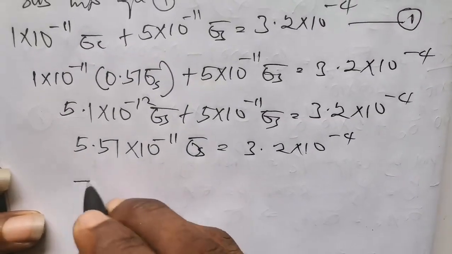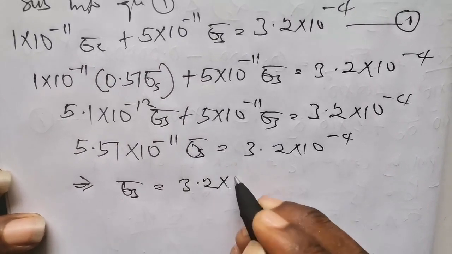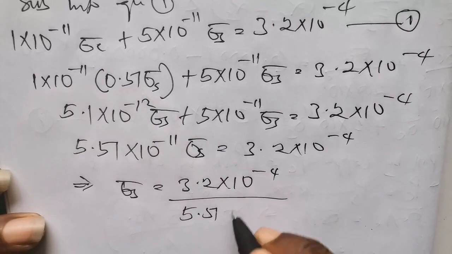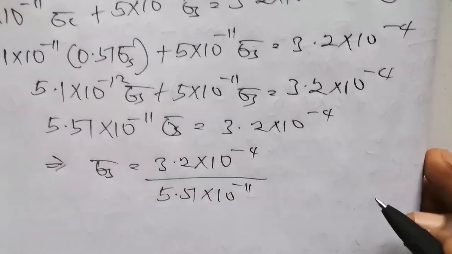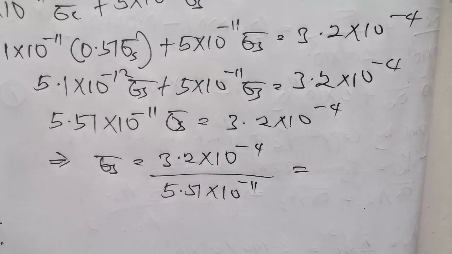So this simply implies that sigma s is equal to 3.2 by 10 to the power of minus 4 divided by 5.51 by 10 to the power of minus 11. Okay, and this will give us a value for the stress induced in the steel.